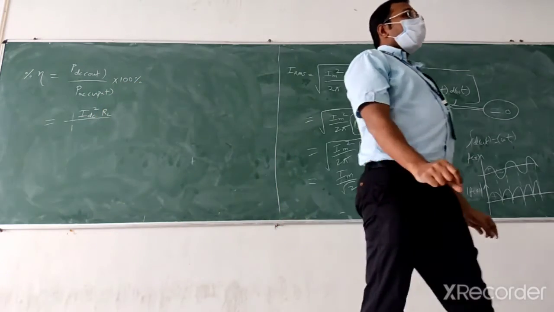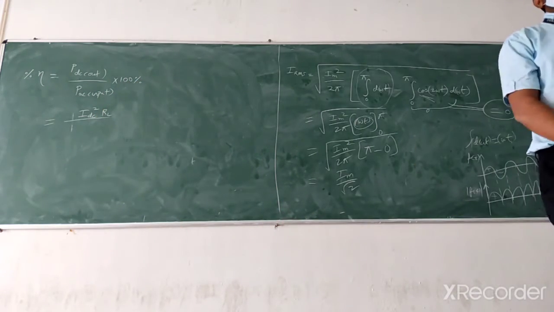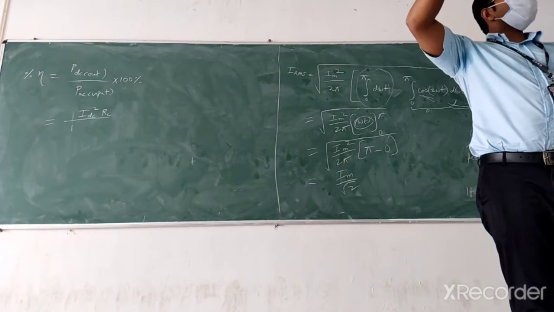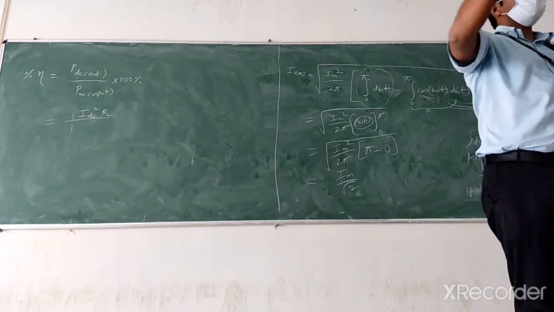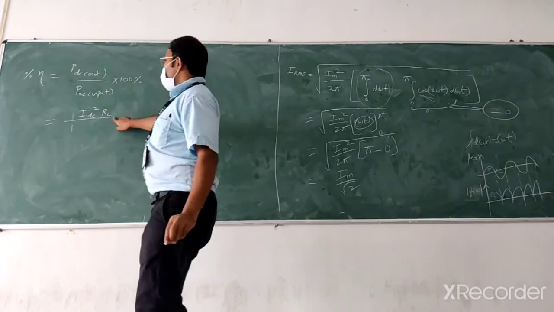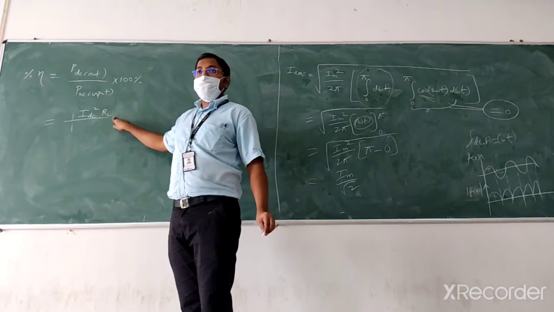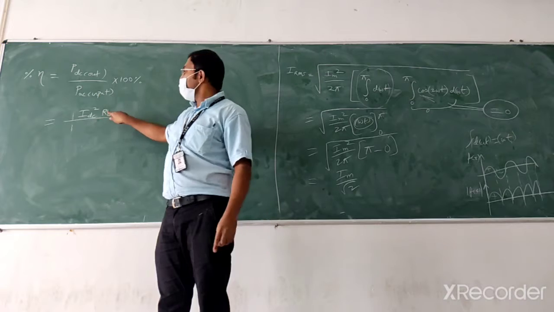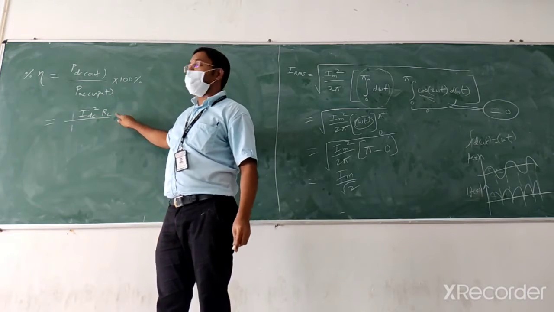The formula for power: one formula is V into I, another is I square R. Let us use I square R. Output means load, so it is DC current squared into RL.